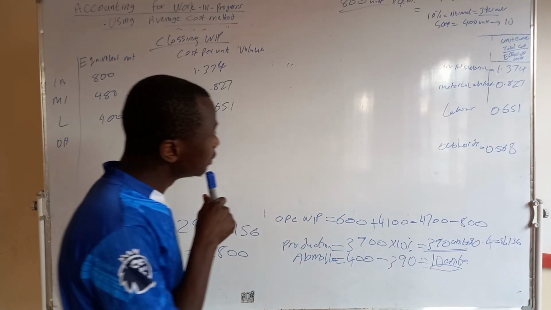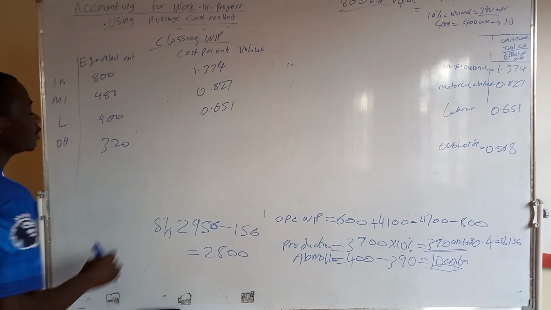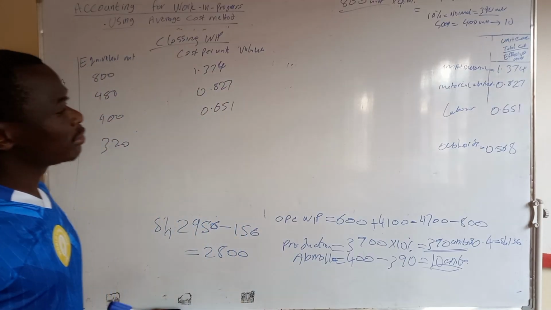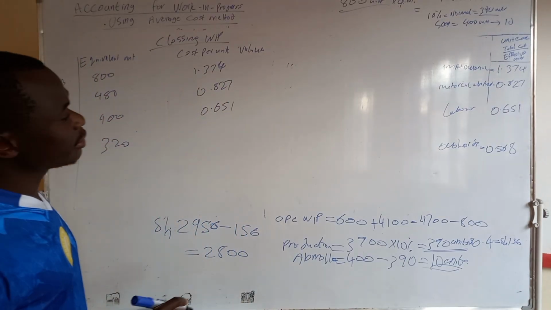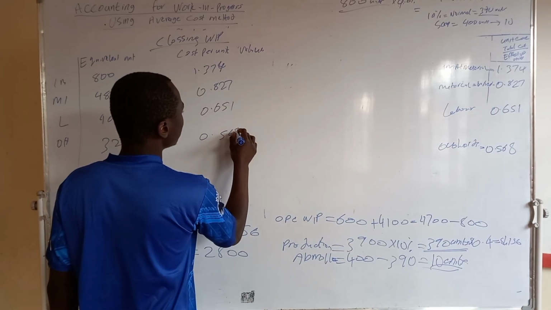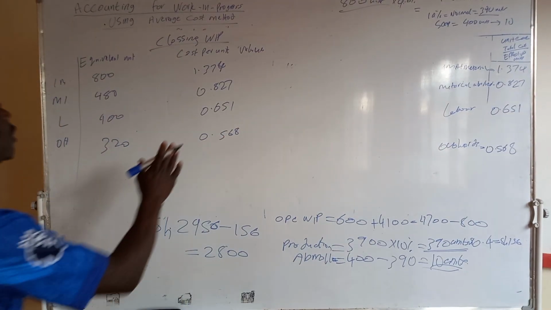There we had the equivalent unit of 320, and the cost per unit is 0.568. In fact, rate.